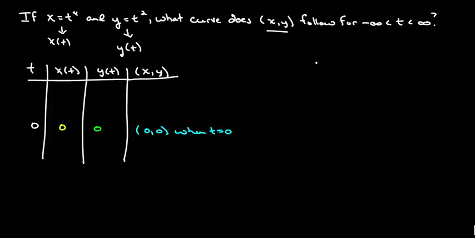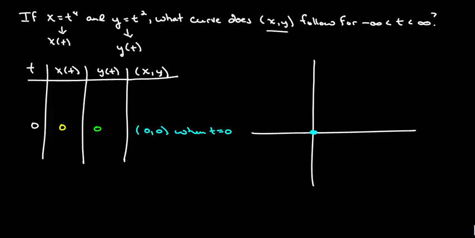If we take a look at the graph of our curve, let's say t is time, time 0. You can think about this as maybe a bug walking along some curve, and at t equals 0, it's right here at the origin.